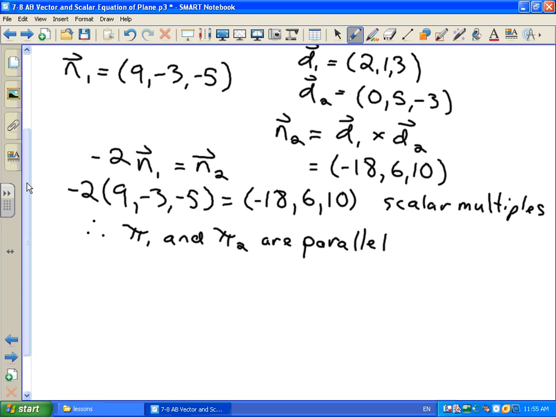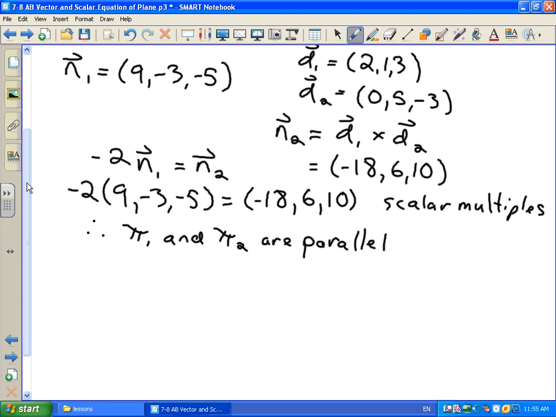Now, I said there were two ways we could go once we had the normal and the direction vectors. The other thing that we could have done is check whether this normal is perpendicular to both of these direction vectors. The other way of checking if vectors are perpendicular is to do the dot product.